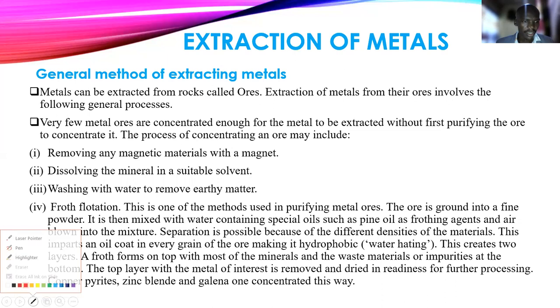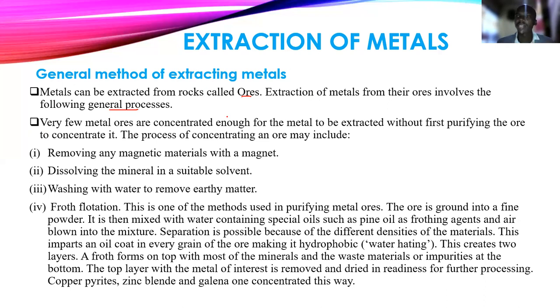Metals can be extracted from rocks called ores, and I've said these ores are gotten from the earth crust. The extraction of metals from their ores involves the following general processes. Very few metal ores are used without concentration.